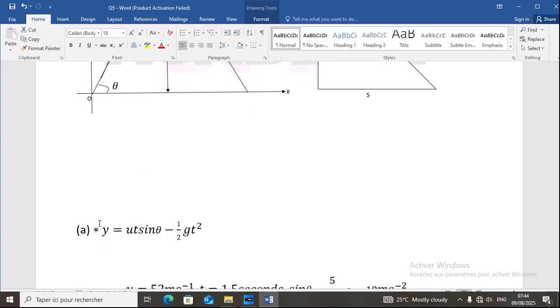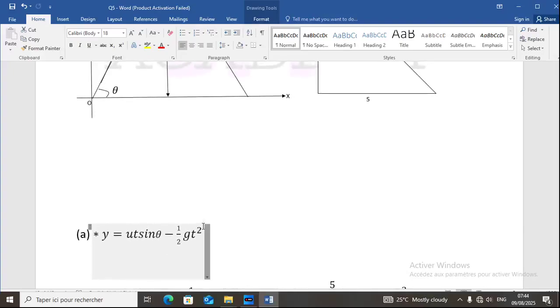Now the vertical distance is given by y equals ut sine theta minus half gt squared. That is the vertical distance of a projectile, where u is the initial speed, t is the time, and sine theta is the trig ratio.